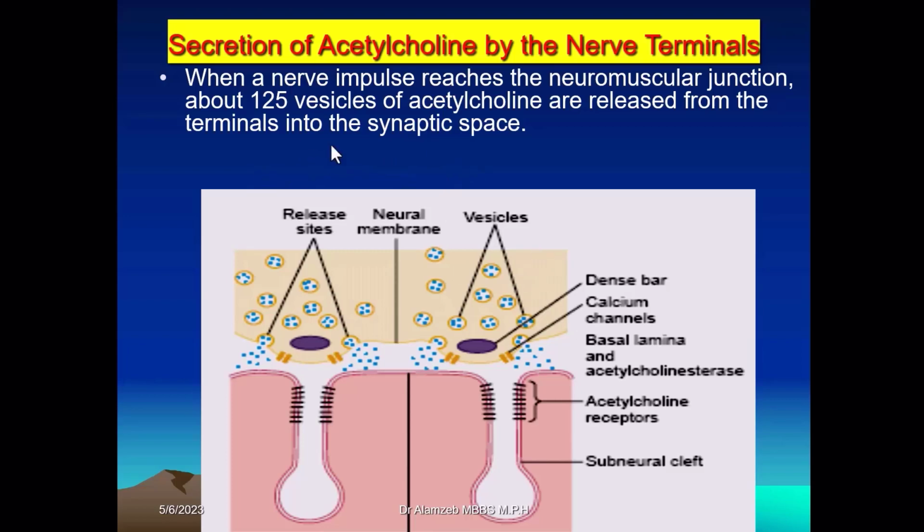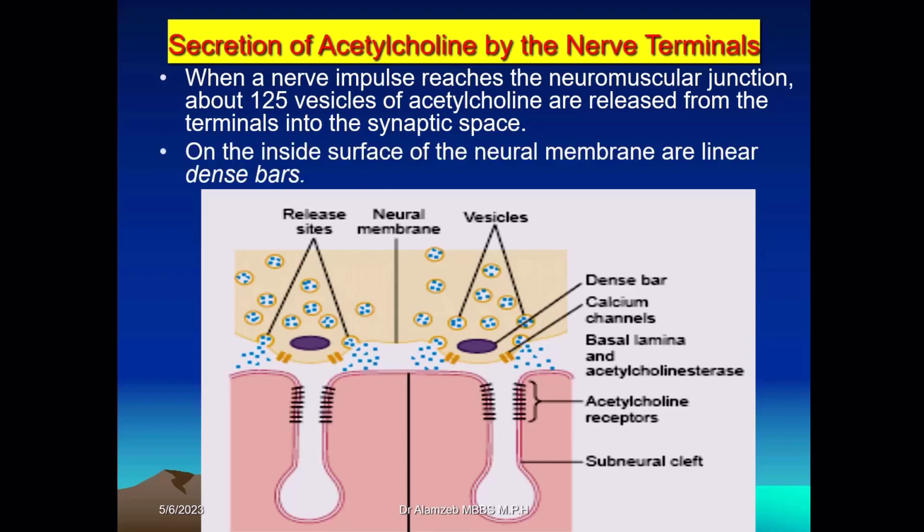This is the junction, and this is the neuron terminal. When the action potential arises, it releases acetylcholine into the synaptic cleft, and by one stimulus 125 vesicles release their acetylcholine into the synaptic cleft.